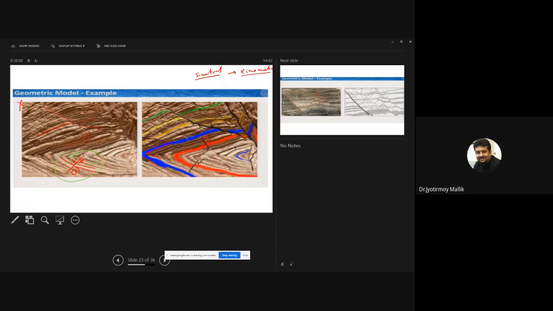So by definition, it is a normal fault. But if I look at this one, by definition, this is a reverse fault. But there are things to consider. You are not supposed to consider this layer as it is. You have to unfold it and see your faults. There are more complications around it.